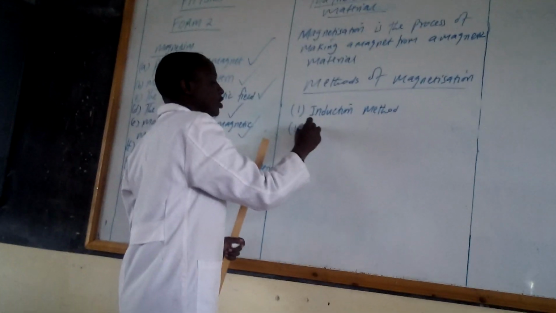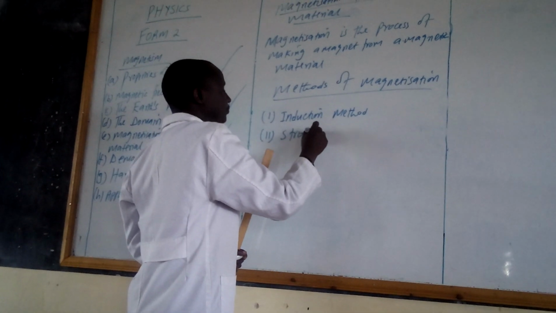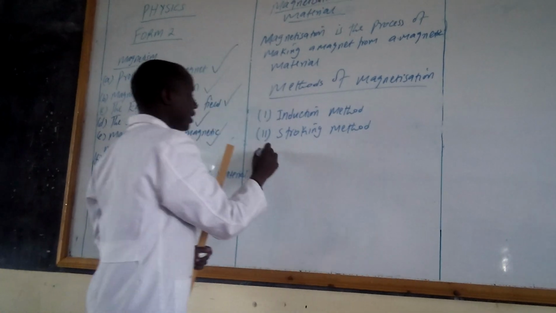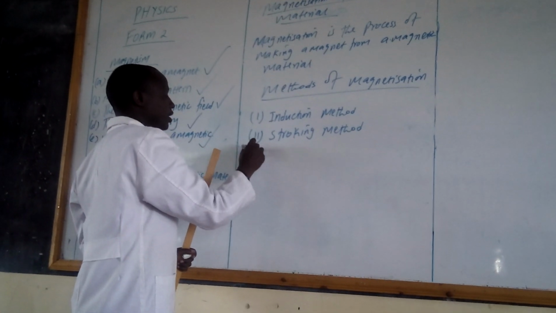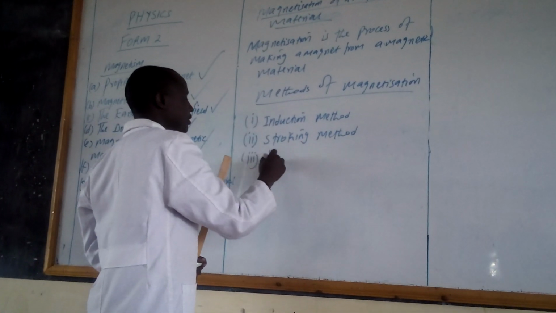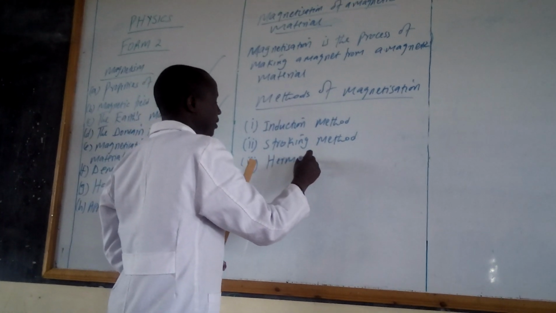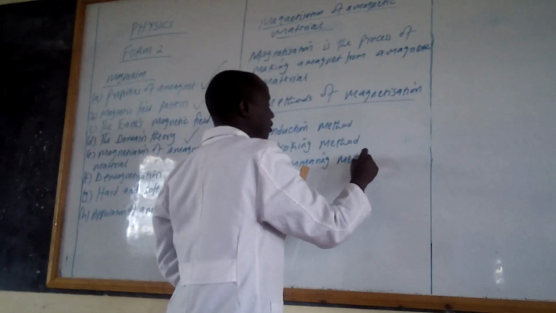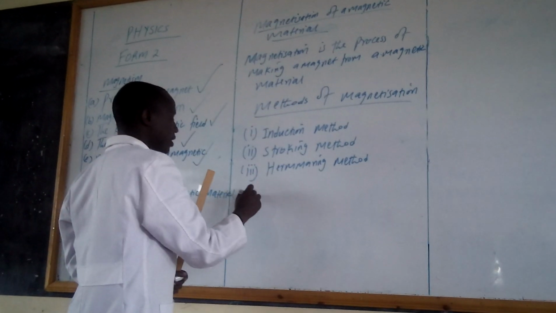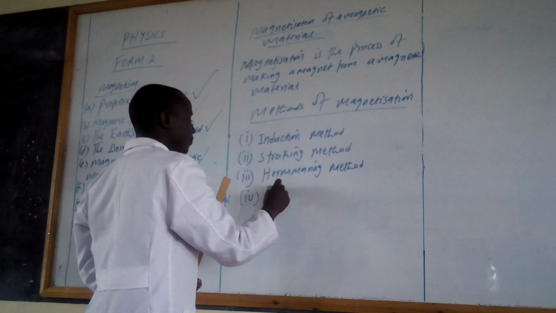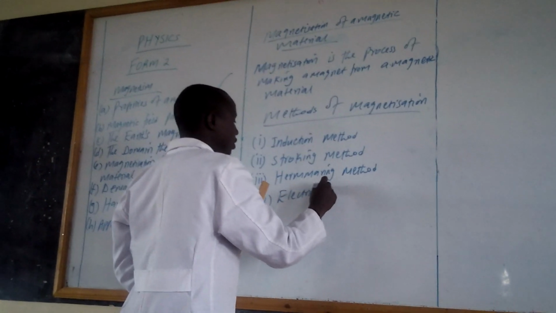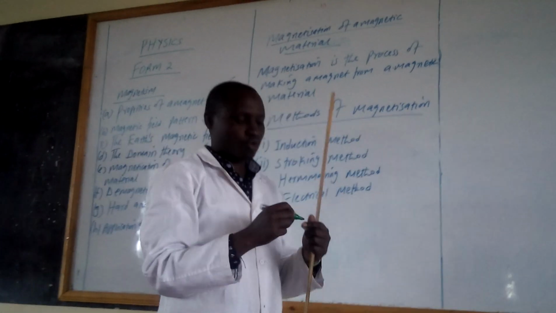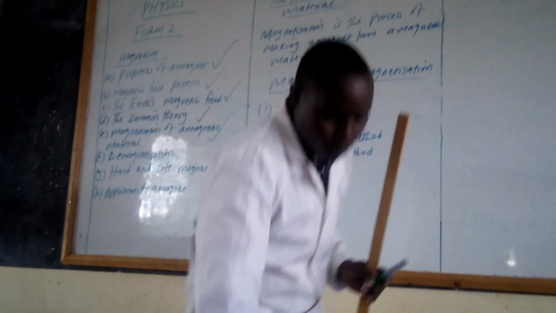Number 2, stroking method. Number 3, hammering method. And the last one, electrical method. So those are the methods of magnetization we have.